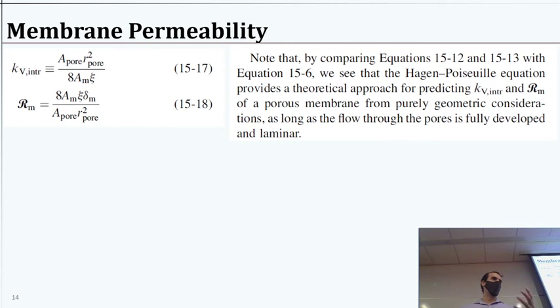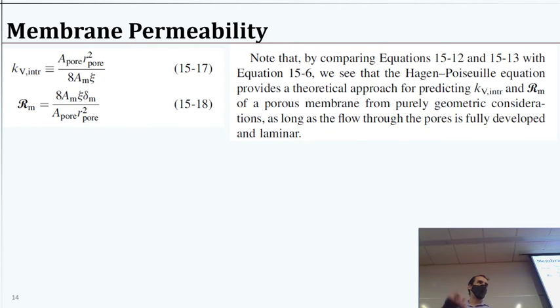That's kind of what I was meaning. That's the word I was trying to find earlier when I was saying from this fundamental standpoint, knowing something about the geometry there. And that's as long as the flow through the pores is fully developed and laminar. So again, kind of an ideal situation.